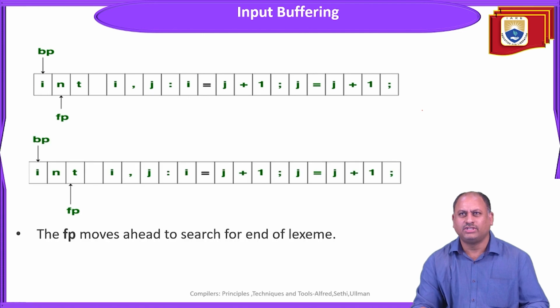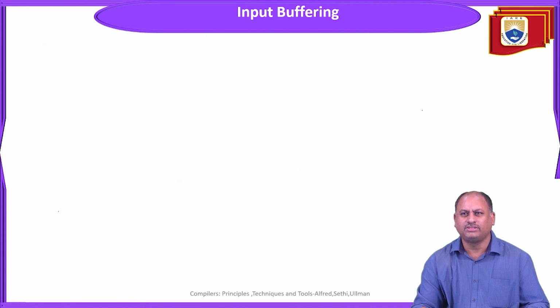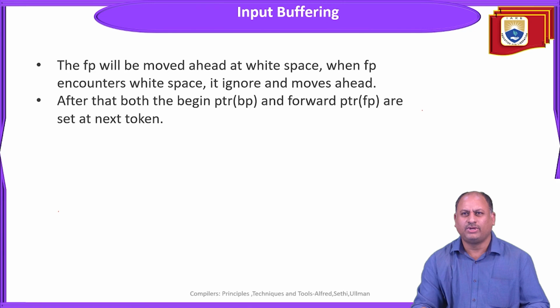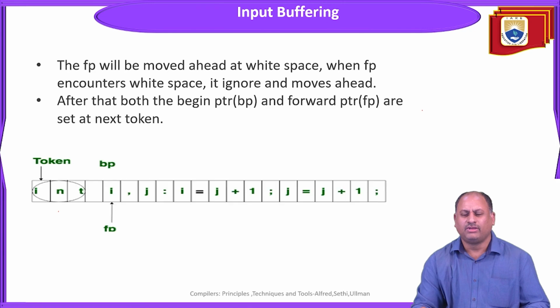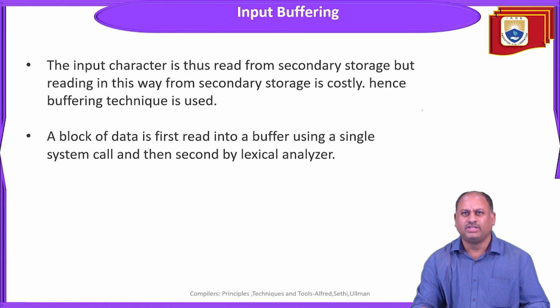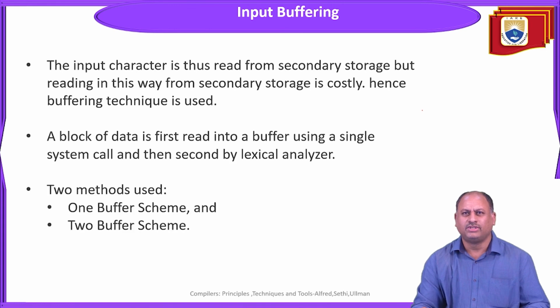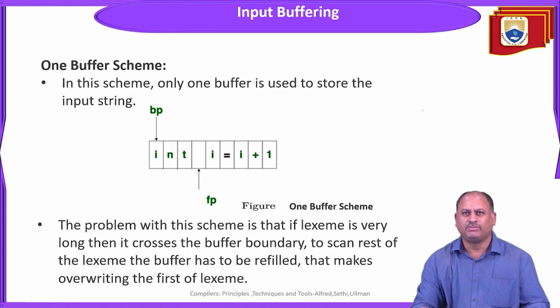Here there is a drawback: when buffer one contents are completed and the buffer size is less than the lexeme length, we have to overcome that point. A two buffer scheme is implemented. Buffer one contents are processed with the input string.